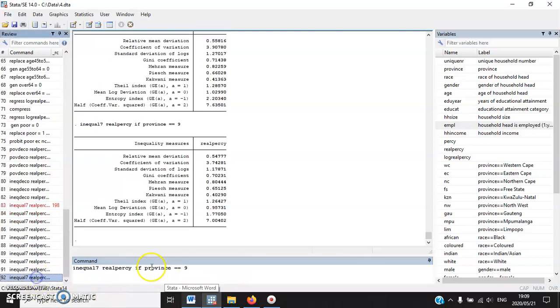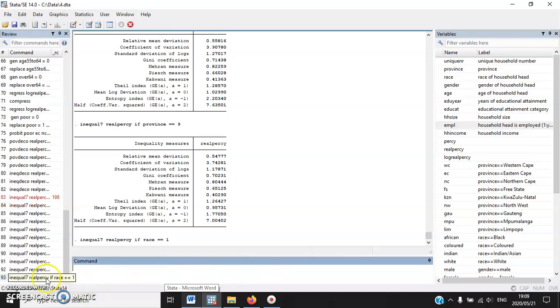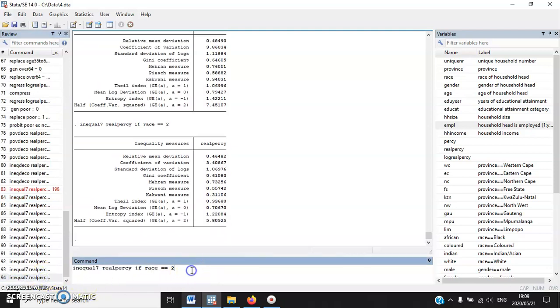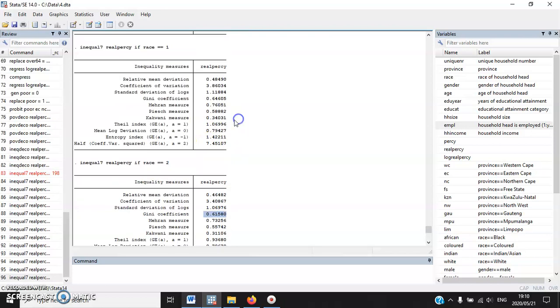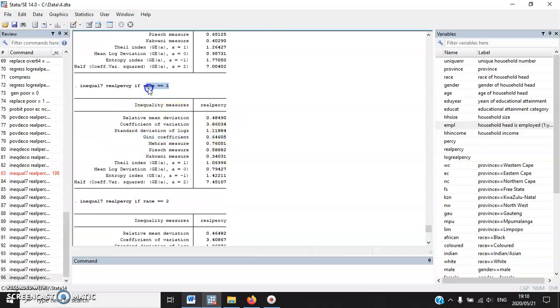I will just do it by race. I'm not going to do it by gender, and maybe I will do it by educate later. So again, looking at the racial Gini coefficient, I think it is once again the highest for the African population. Okay.